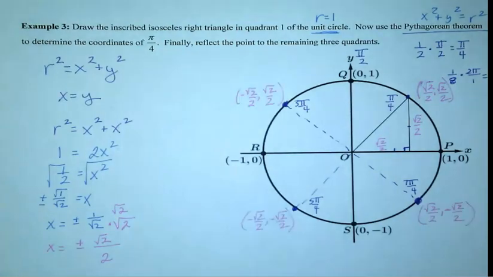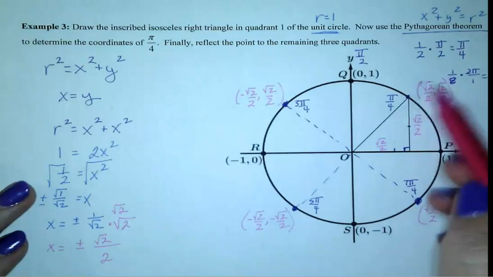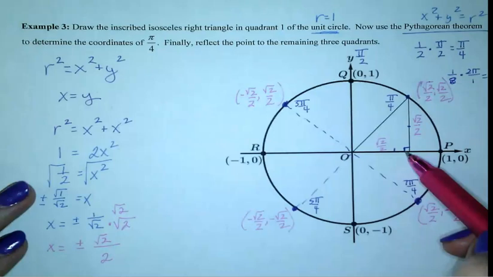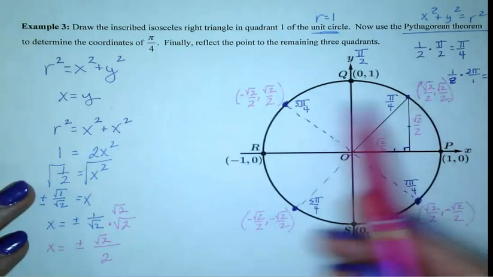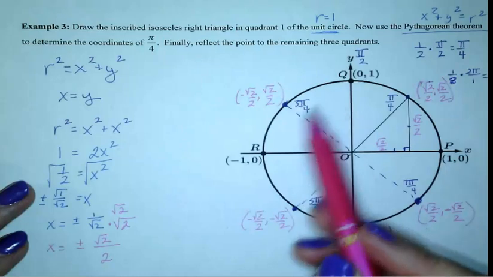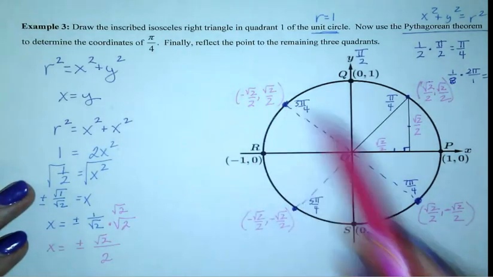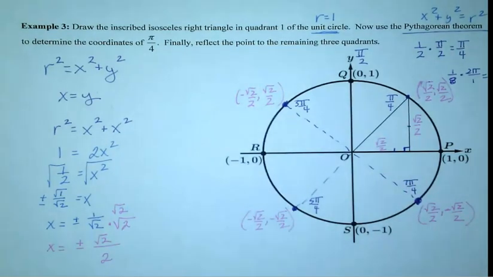So how did we do? Did we get all of our coordinates? So once you figure this out in the first quadrant and you get this, everything in the first quadrant is positive. We talked about that because the horizontal displacement is positive and the vertical displacement is positive. So then it becomes very easy, especially on pi over 4s, because since the first and second quadrant coordinates of the point are the exact same number, then we just have to worry about negative, then positive, negative, negative, positive, then negative down to get to those points.